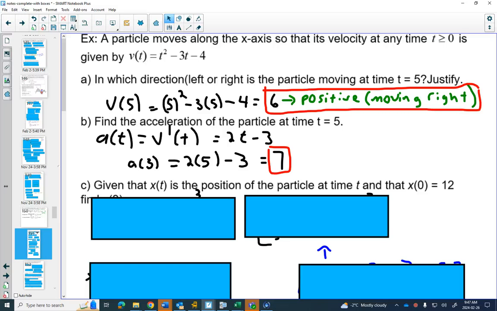That it's speeding up, right? It's getting faster. So if both the velocity and the acceleration are the same sign, then you know it's speeding up. If they're different signs, then you know your object is slowing down. So at time equals 5, our object is speeding up in the right direction.